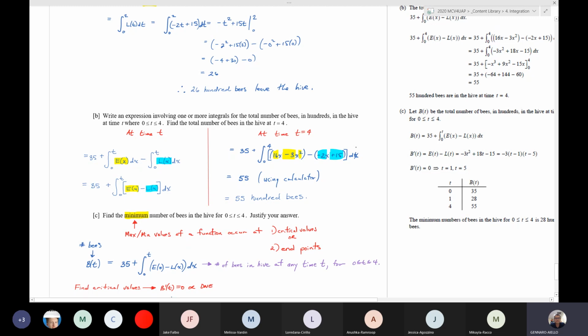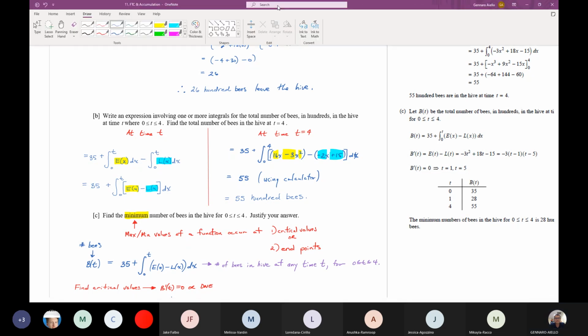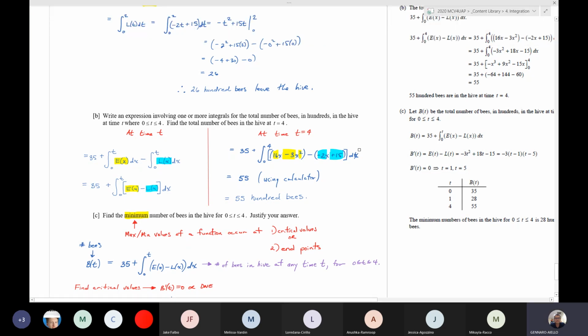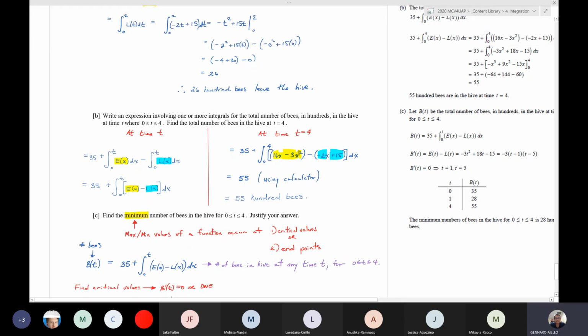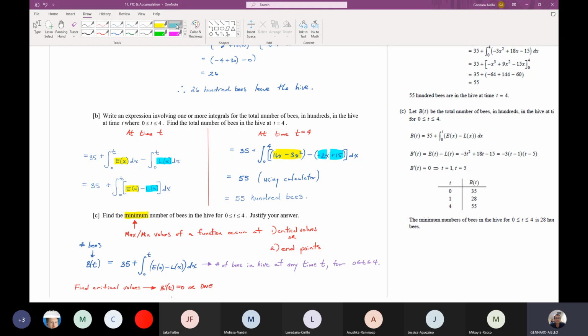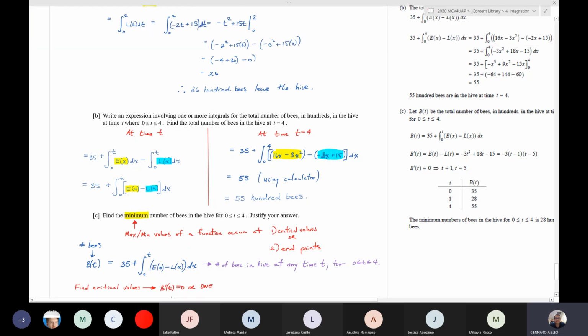Now, this problem was designed for you to do without a calculator. So this is the type of problem you would get on the AP exam where you would not have a calculator. In order to do this, you would have to integrate or find the antiderivative of these two functions here.